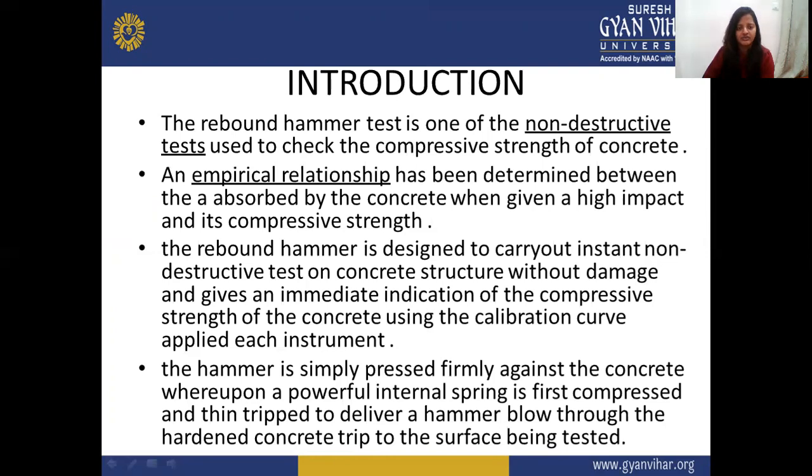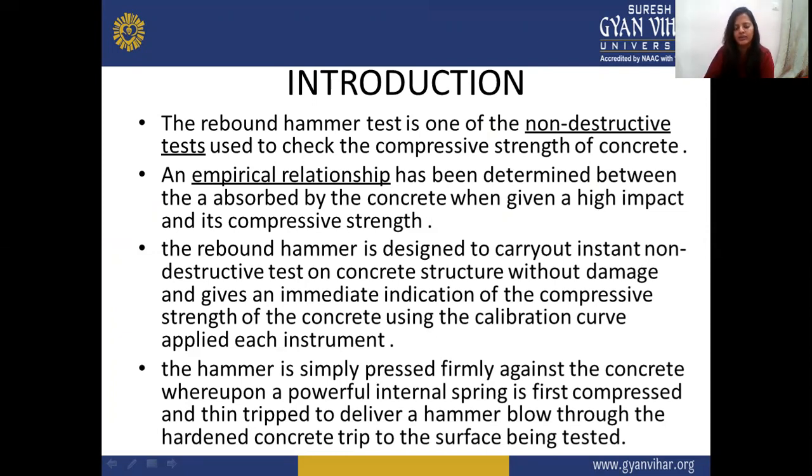So it can be done for the entire structure, marking out a grid and conducting the rebound hammer test for each grid. This is a non-destructive method and does not do any damage to the surface.